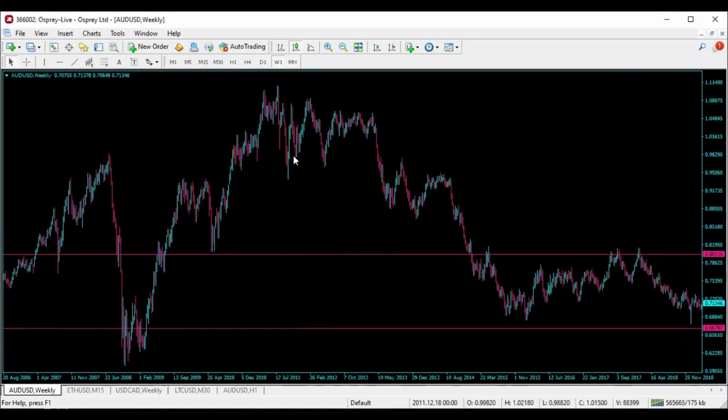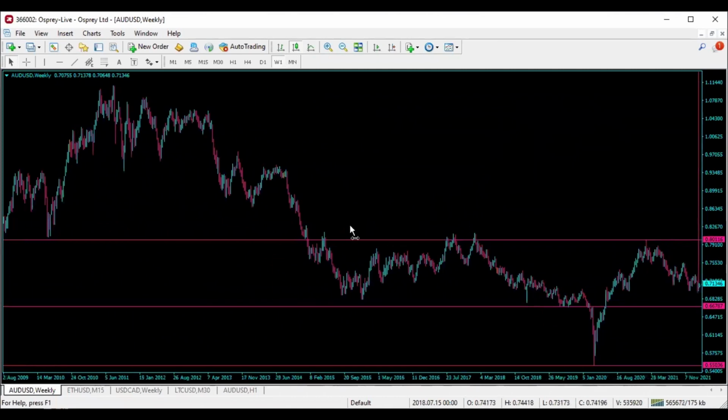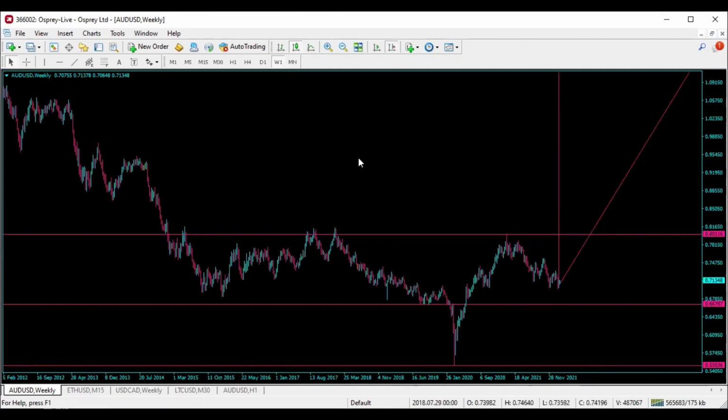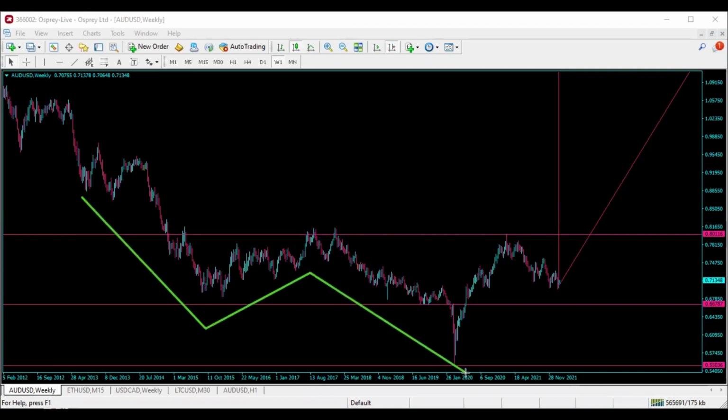On the weekly, once again, there is a massive head and shoulders pattern coming in on the chart. When I say head and shoulders, it's not the shampoo.